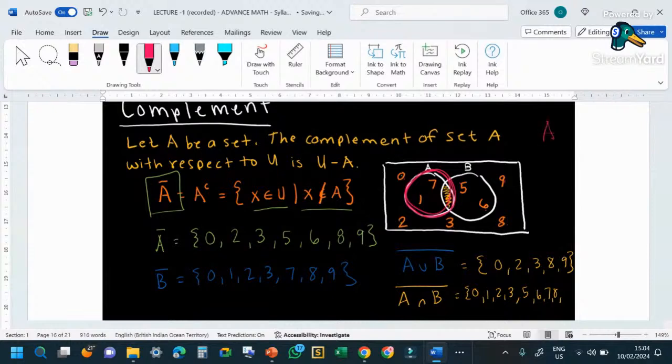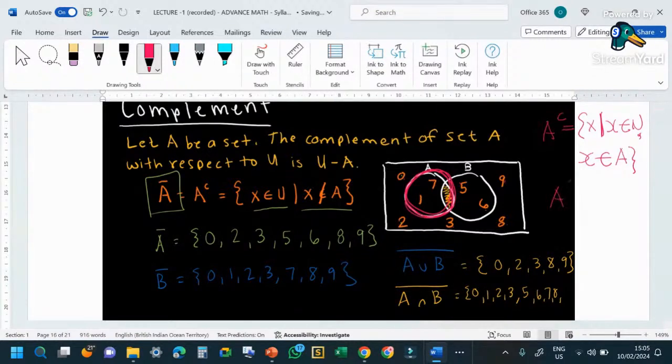So A complement will be all the x's that are not in A. These are all the values of x such that x is a natural number and x is not an element of A. The elements of A are just 1, 7, and 4.